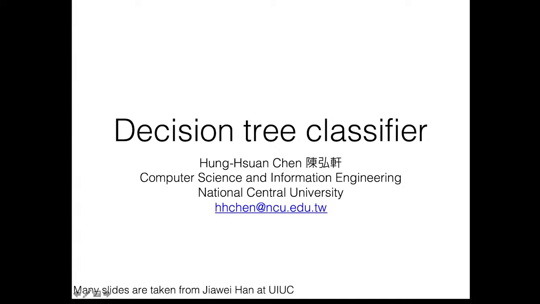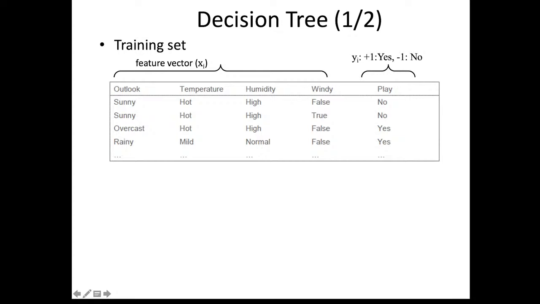So let me talk about the decision tree classifier. Again, let's begin with an example. Here we have 4 instances, and they are training instances.